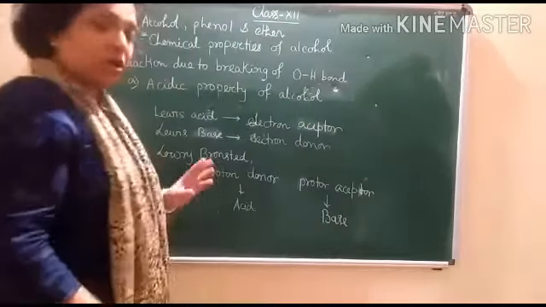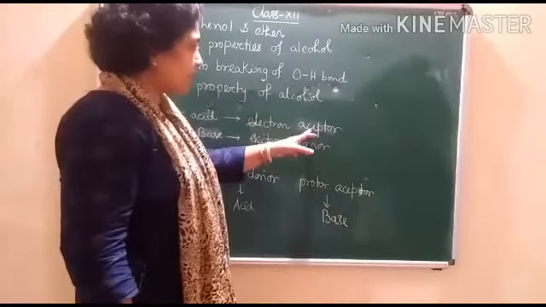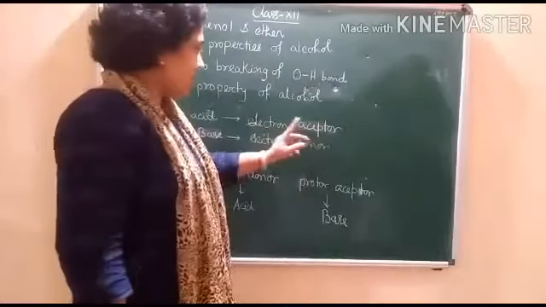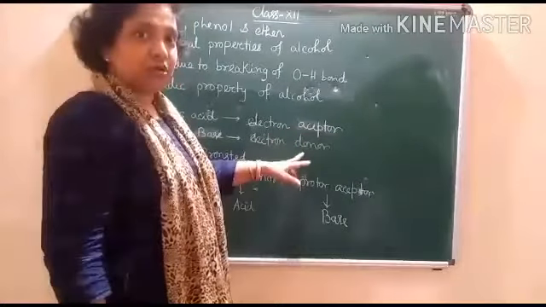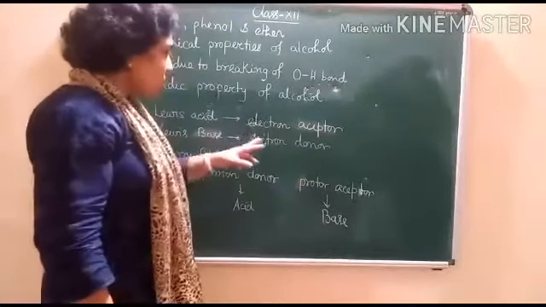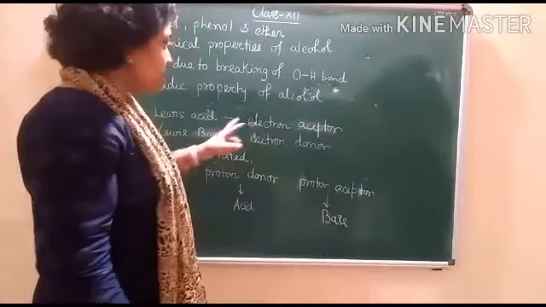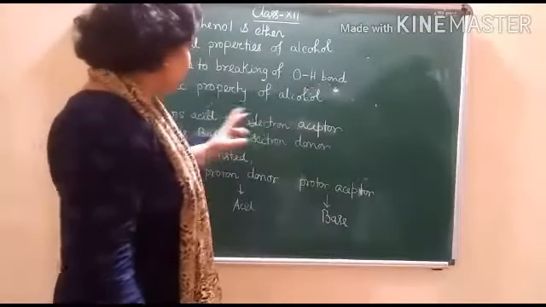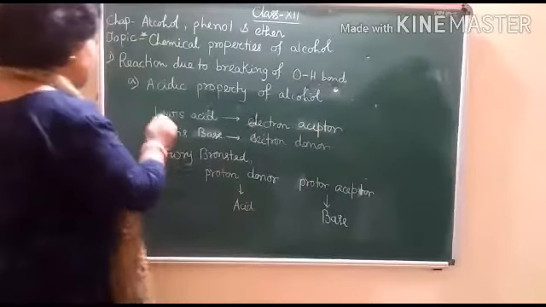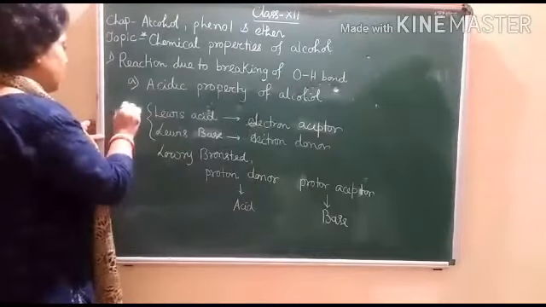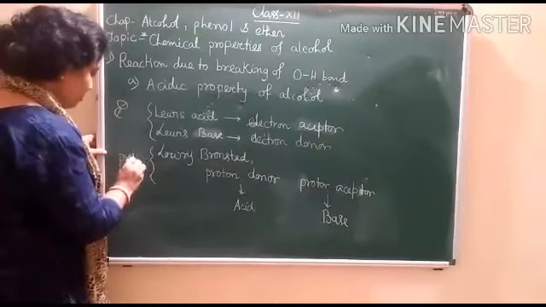Understand this: it is just the opposite relation but the concept is the same. An electron acceptor means a proton donor; electron donor means proton acceptor, because electron and proton are opposite. So proton acceptor is base, electron donor is base, electron acceptor is acid, proton donor is acid. Lewis is given in terms of electron and Lowry Bronsted in terms of proton.